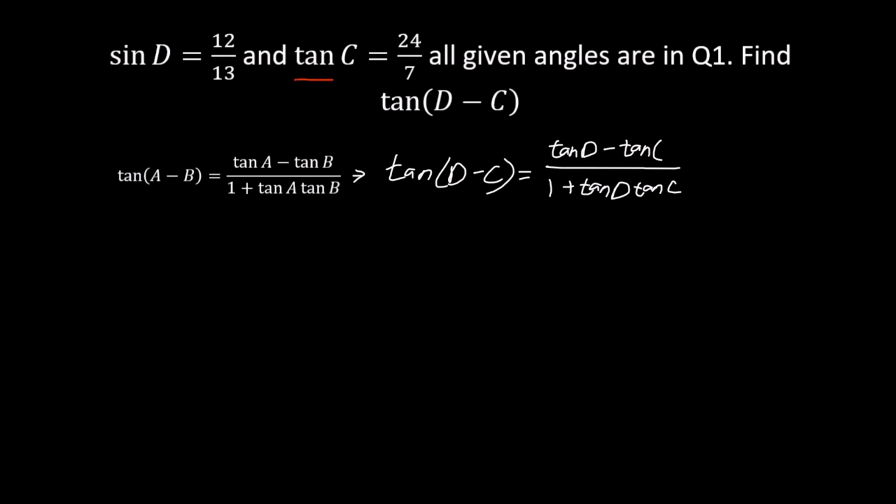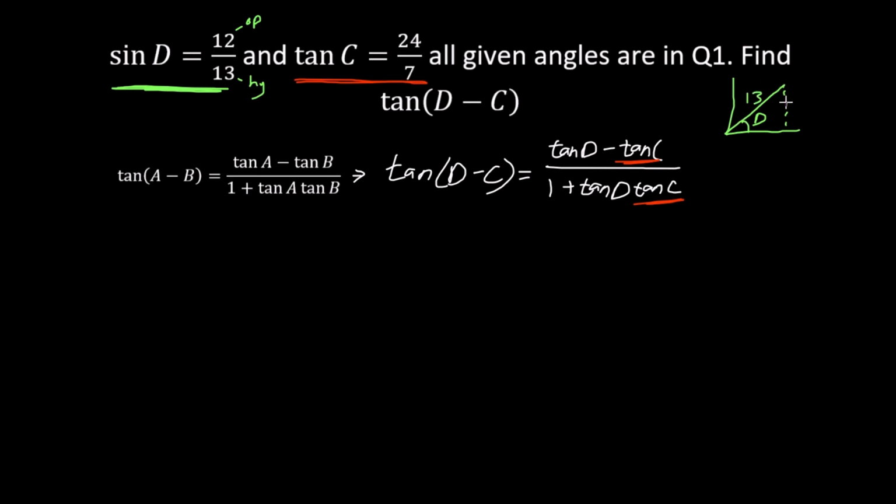Luckily, we were given the value of tangent of c, so we know what those values are. We were not given the tangent of d, so we do have to use that right triangle trig and figure out what the tangent of angle d is. So here is angle d. We are given the sine of the angle, which means we know the opposite and we know the hypotenuse.